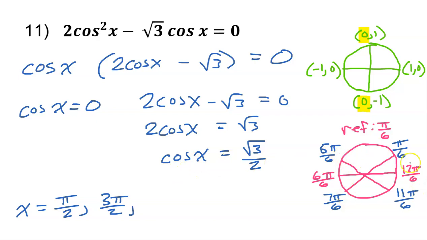The cosine of any of these 4 angles is going to be some kind of radical 3 over 2. It's just that cosine is positive over here on the right side of the unit circle and negative over here on the left. In this case, we want cosine of x to equal positive radical 3 over 2. That's why the solutions are pi over 6 and 11 pi over 6. So problem number 11 has 4 solutions.